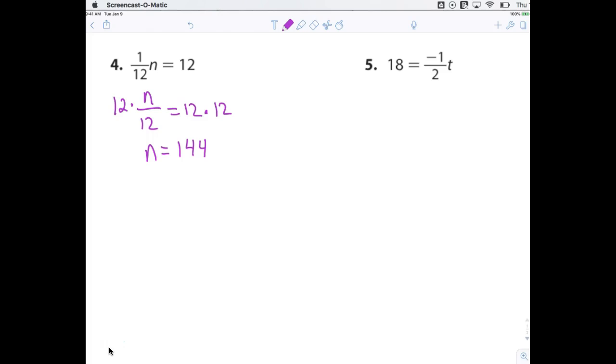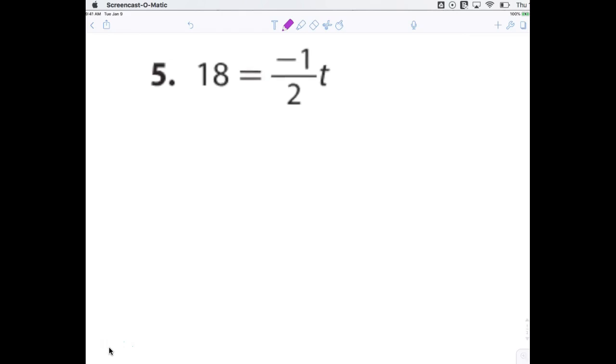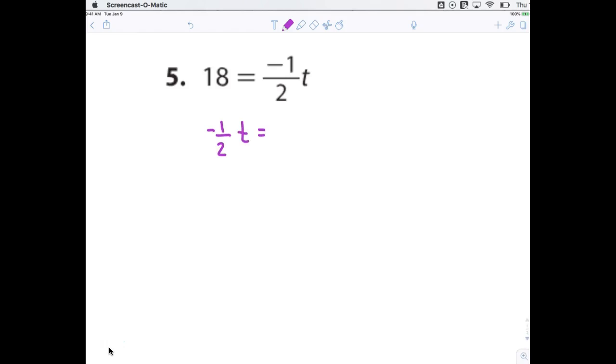Now on this problem right over here, I would like everybody to rewrite number 5 as -1/2 t equals 18. Does everybody understand that's the same thing, right? Stay with me, guys. A few minutes ago I said to solve a fraction we multiply by the reciprocal.